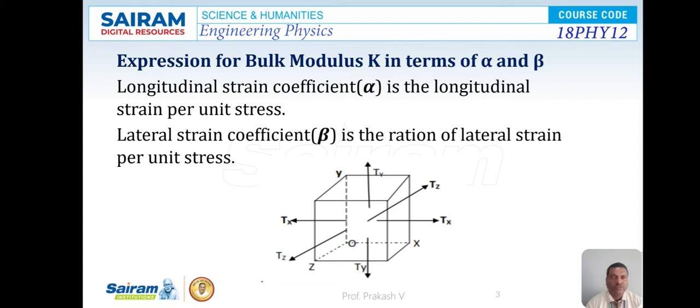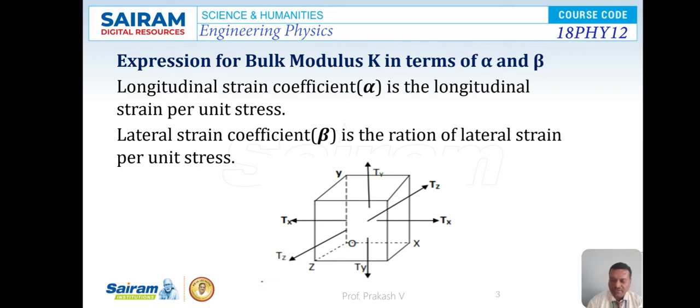That's what you can look at in the picture. Let alpha be the elongation per unit length per unit stress along the direction of the force, and beta be the contraction per unit length per unit stress in a direction perpendicular to the respective forces.